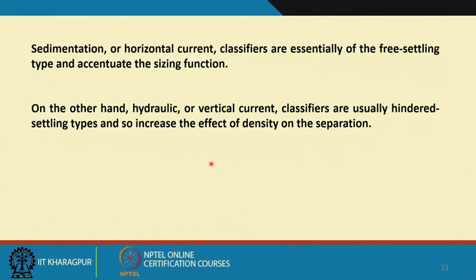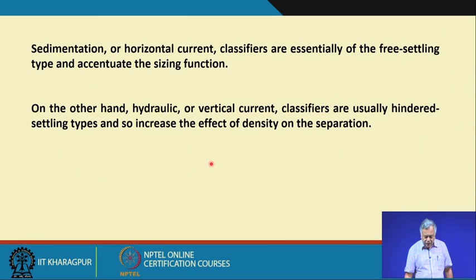Sedimentation or horizontal current classifiers are essentially of the free settling type and accentuate the sizing function. That means they mostly use the principle of free settling velocity. On the other hand, in hydraulic or vertical current classifiers, the water is moving like this.